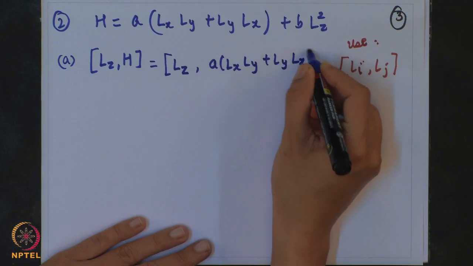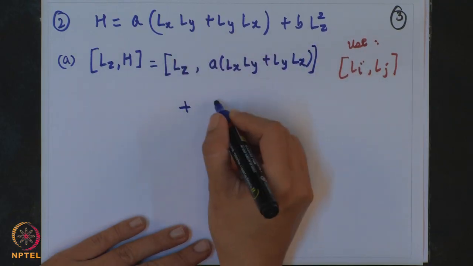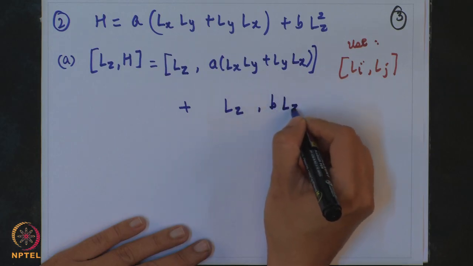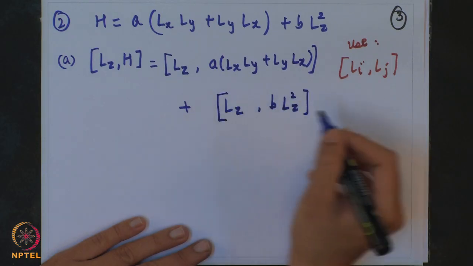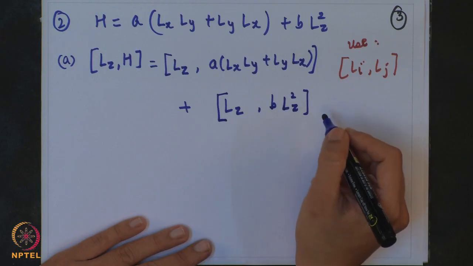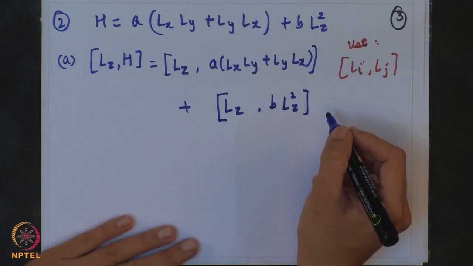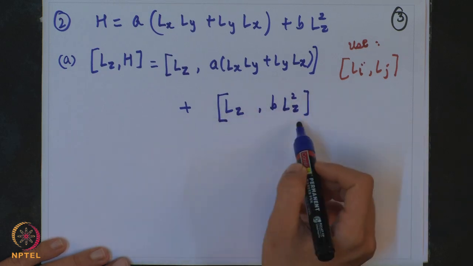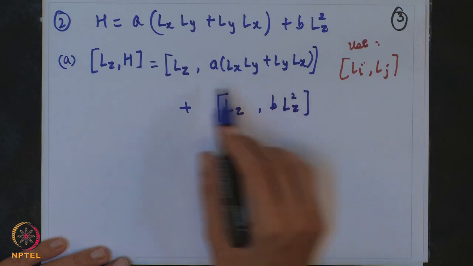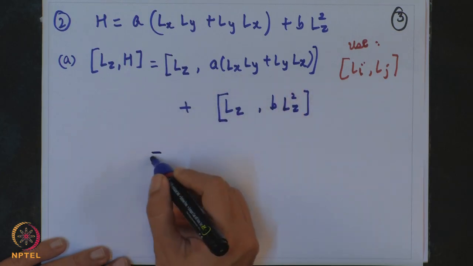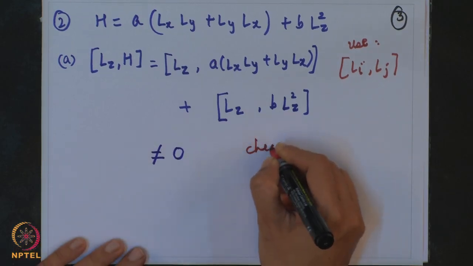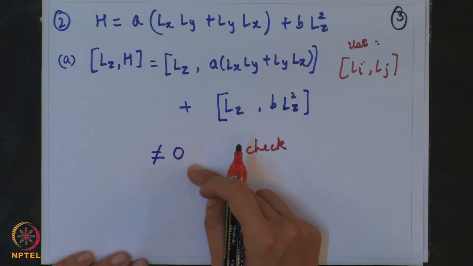Ly Lx, this will be the first term and the second term would be B. You can evaluate these terms. The second term will give 0, the first term will give some result. This result is not equal to 0, you will check this and obtain the non-zero value.